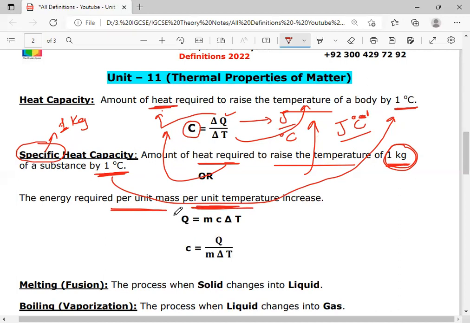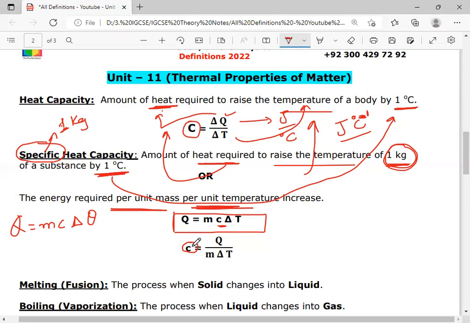The general formula is Q equals mc delta T, or Q equals mc delta theta as well. So delta T and delta theta stand for change in temperature. And from here we can write the formula of specific heat capacity, that is equal to Q over m delta T. So another difference: heat capacity is represented by capital C, while specific heat capacity is represented by small c.